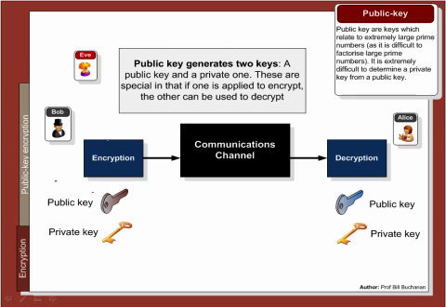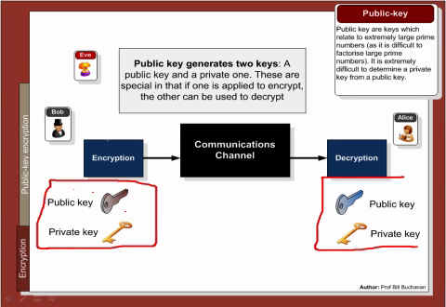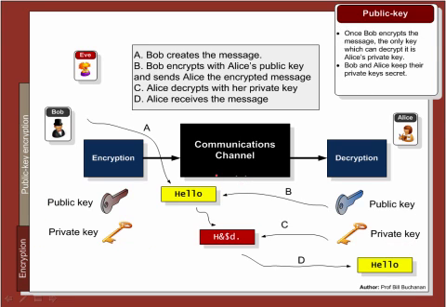So it works. We generate these two keys. It can actually take quite a while to generate these keys, but either side has a public and a private key. One is used to encrypt, doesn't matter which one, and the other is used to decrypt. So when Bob sends a message to Alice, Bob gets Alice's public key.